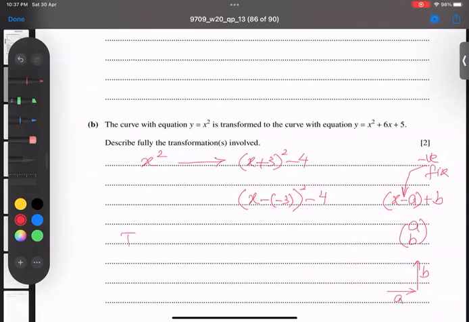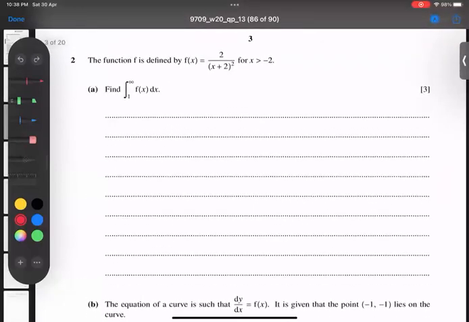So we can say this is translation by column vector -3 and -4. This is x motion and this is y motion. Always in the bracket is x motion, and outside the number is y motion, vertical motion. I hope this point is clear.